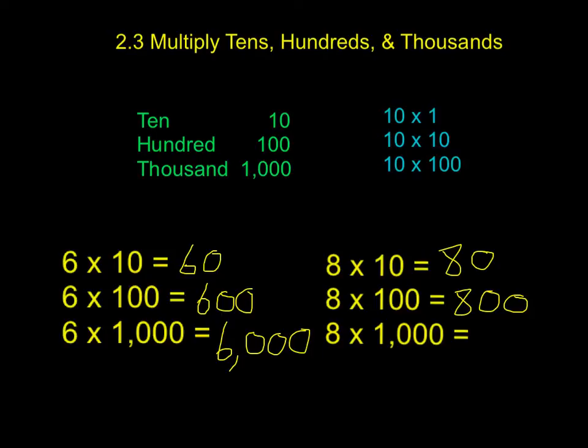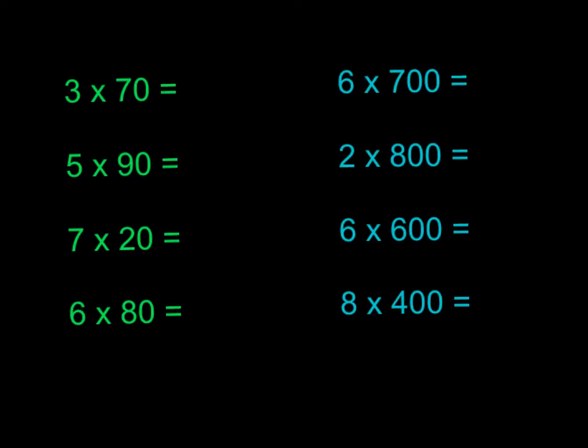Same thing down below: 8 times 1 for our 8, times our 1 in 1,000. 8 times 1,000 is still going to be 8,000.